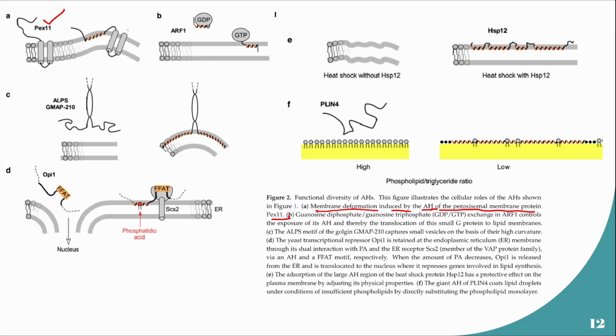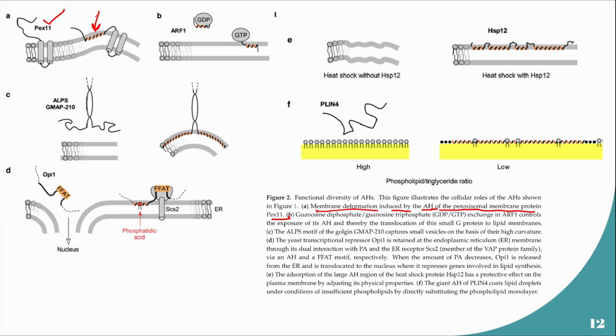As we saw in the earlier slide also, PEX11 had a separation into two faces, an upper face and a lower face. One was polar, and the other one was a non-polar face. Here you saw that this stretch of amphipathic helix is being introduced inside this membrane. And what happens is that it creates a membrane deformity at this position, and that helps in certain functioning at the cellular membrane level.